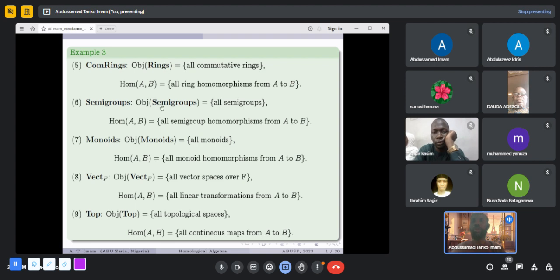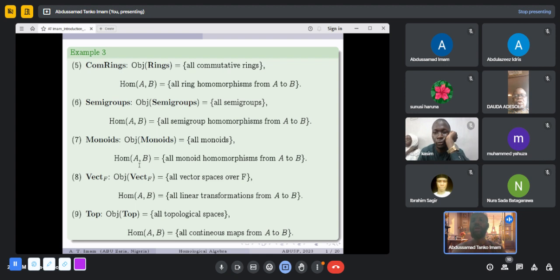And then semigroups are sets with some operation. Monoids are sets, vector spaces are sets, topological spaces are sets with a collection of open sets, which we call a topology. So from the first example up to the ninth example, these are all categories whose objects are sets.